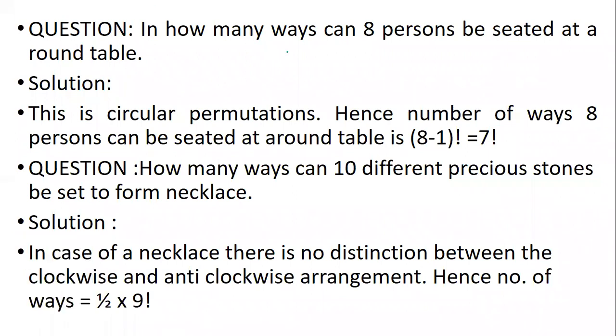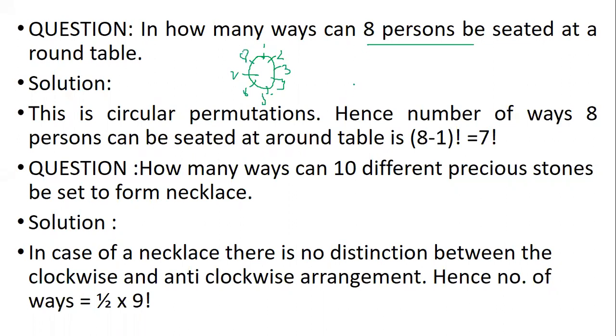In how many ways can 8 persons be seated at a round table? So there is a round table and there are 8 people. Let's say one is sitting here, and there is 2, and 3, and 4, 5, 6, 7, 8.